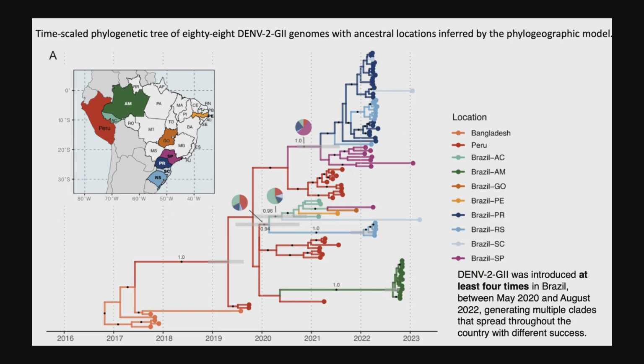So with these results, with completed dengue 2 genomes, we were able to reconstruct the introduction of this genotype in Brazil, and we could see that at least 4 times this virus was introduced in Brazil. And this was very fast using this strategy, and we could have very good results.